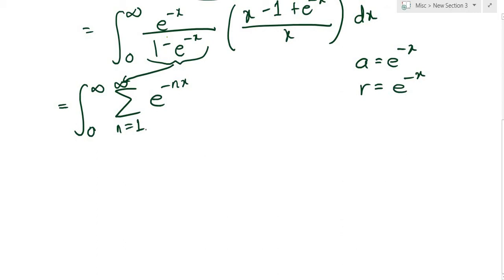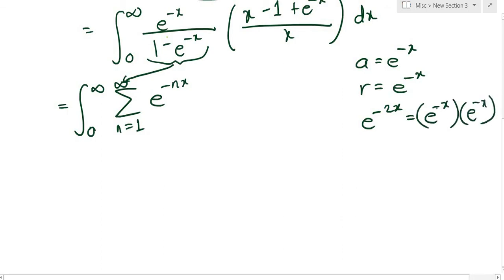So you can check for the first term to be a. If you plug in n equals 1, you're going to have e raised to negative x, and that is truly the first term. And as you keep on increasing n, when n is 2, you're going to have e raised to negative 2x, which is basically the first term, e raised to negative x, times the common ratio, e raised to negative x. So you can also check that for e raised to negative 3x when n is 3. You're going to be having the first term times the common ratio squared.